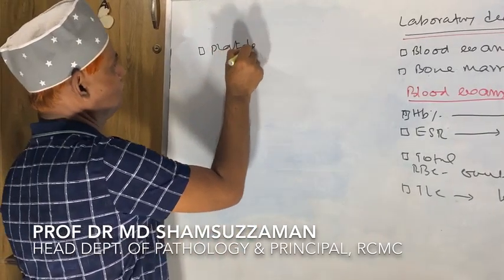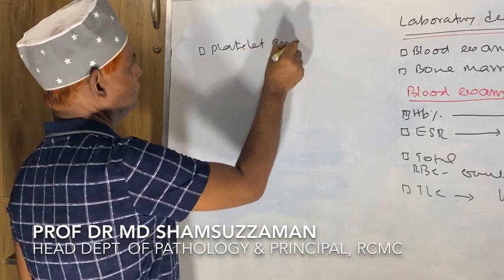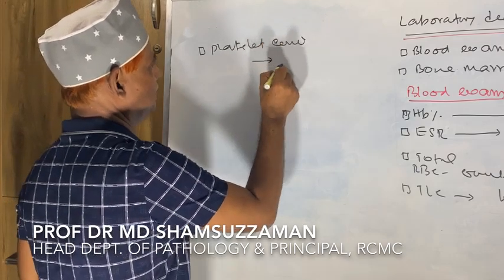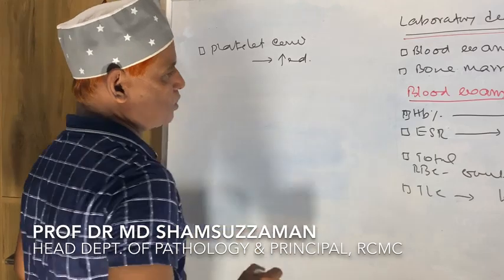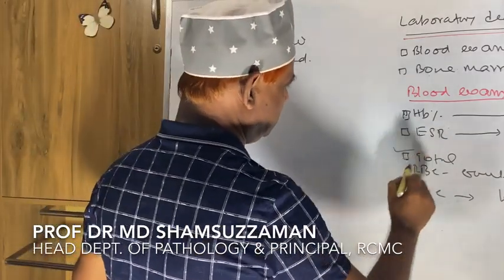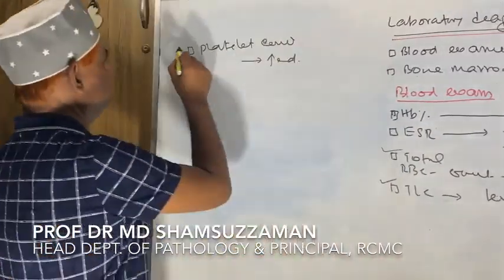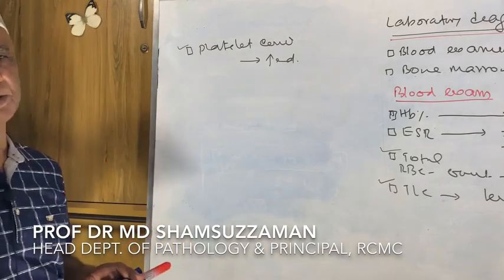Platelet count increased. So increased RBC, increased WBC, and increased platelet. It is polycythemia.